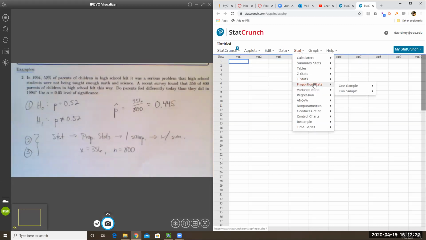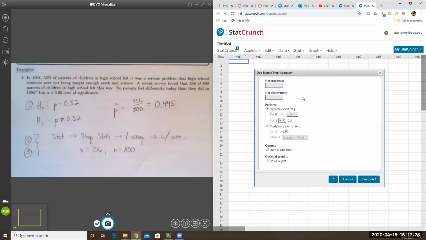So Stat, Proportion Stats, One Sample, with Summary. So we have 356 out of 800. We want to test p equals 0.52 against p not equal to 0.52. So its default setting is to run a two-tailed test, which is what we want in this case. So we'll leave that as a not equals.